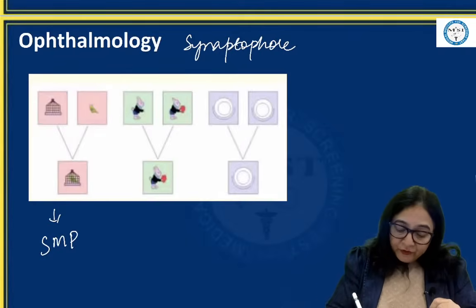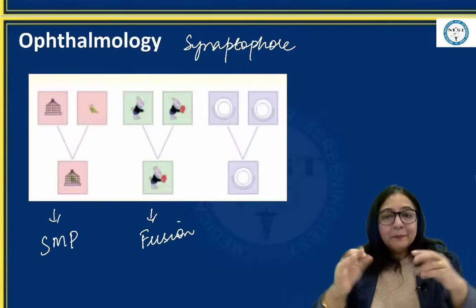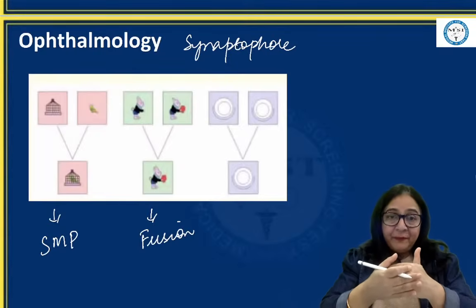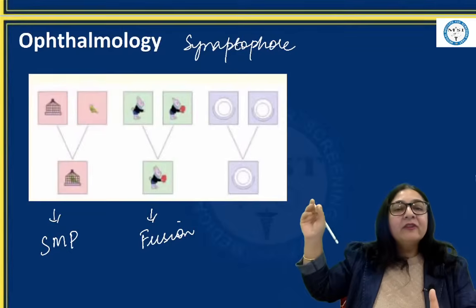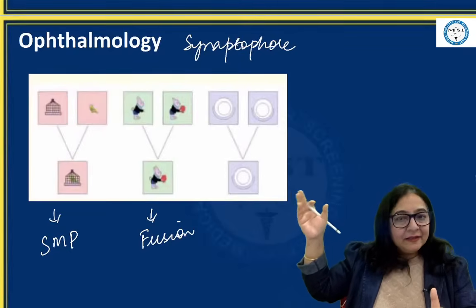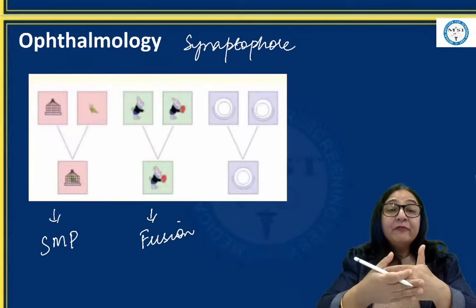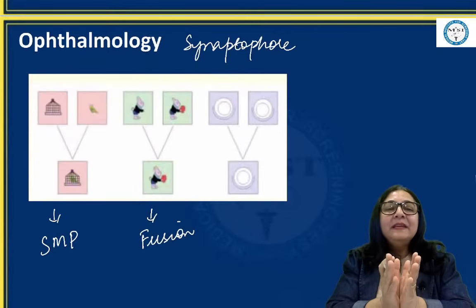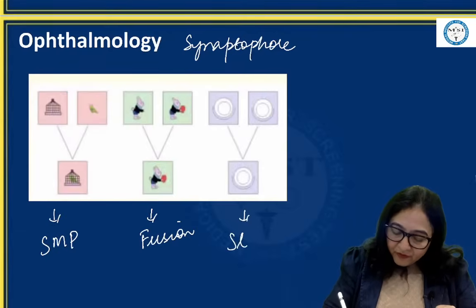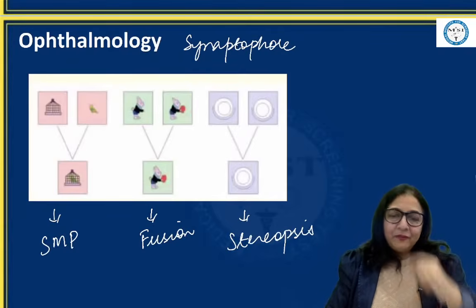To check for fusion, two pictures are presented which are partly incomplete, but when both eyes see them together, it makes a complete picture. One eye is presented a picture of this rabbit which is incomplete, the other eye has the other part, but when both eyes see them together, the two images fuse, so we see a complete picture. Then the third slide is to check for stereopsis, in which you judge whether there is a depth perception or not.